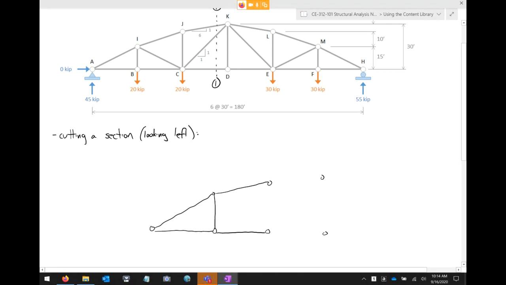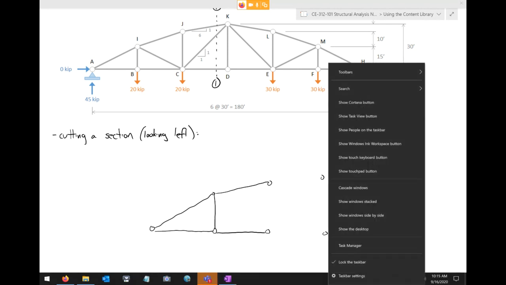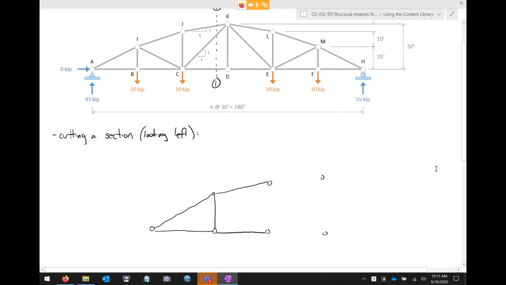I will say, this is one of those places where having graph paper or something like that helps, because you can draw this out a little bit more neatly. Also, having yourself a straight edge helps.